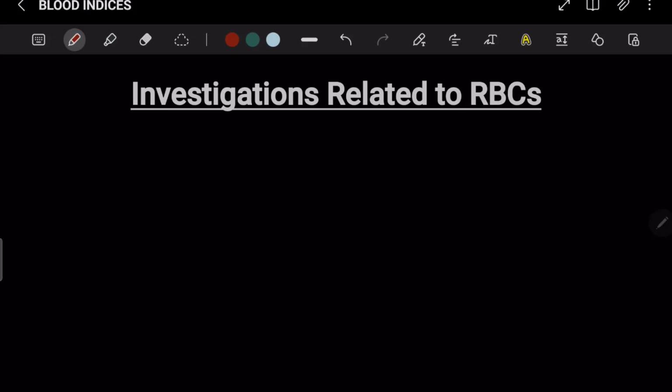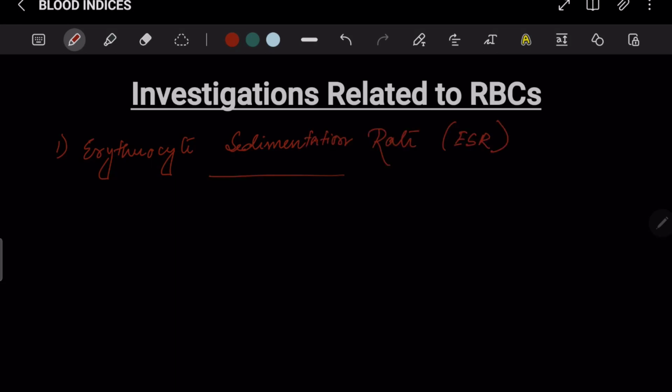Now let us start with some investigations related to RBCs. The first and foremost experimental investigation that is done is the erythrocyte sedimentation rate, which is also known as the ESR. Now what actually is ESR?